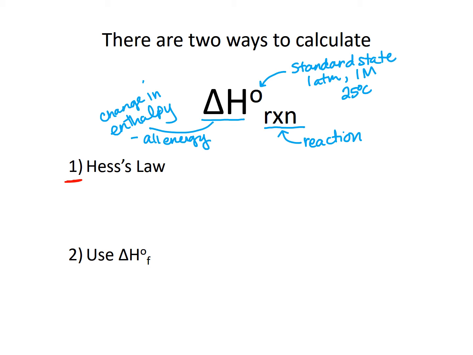Okay? And so when we use Hess's law, the trick is, or what we do is we use reactions that have known delta H values and we manipulate the reactions. So let me write that down. For Hess's law, we use reactions that have known delta H naught values.